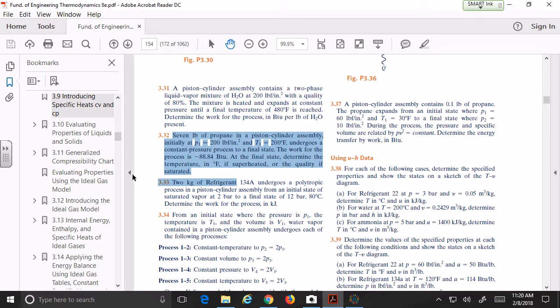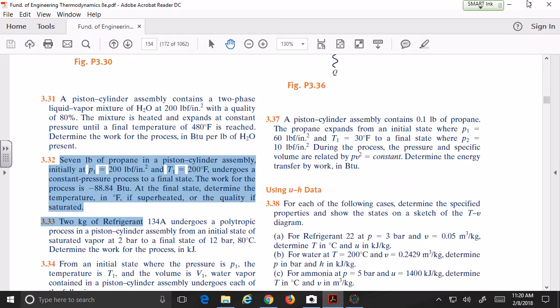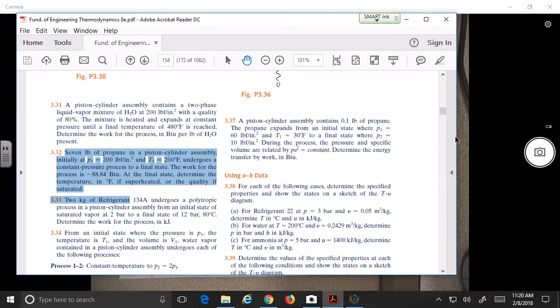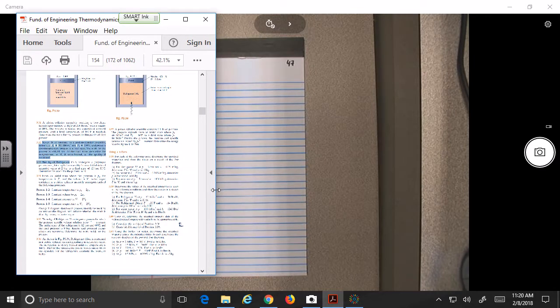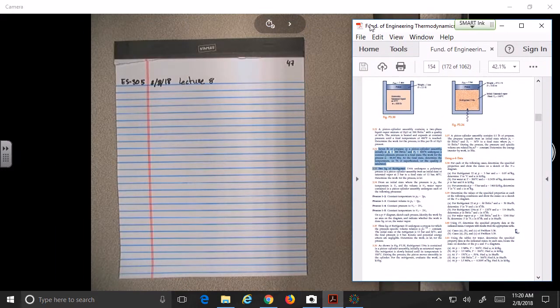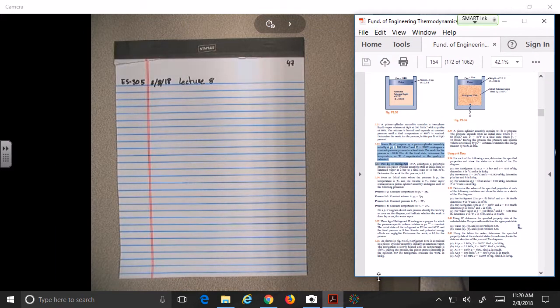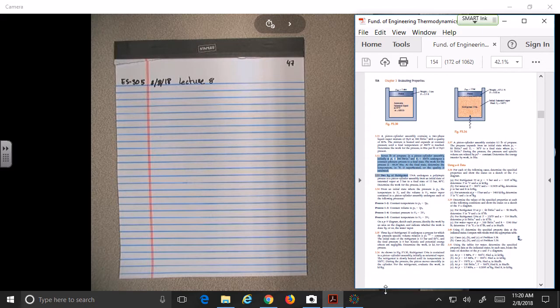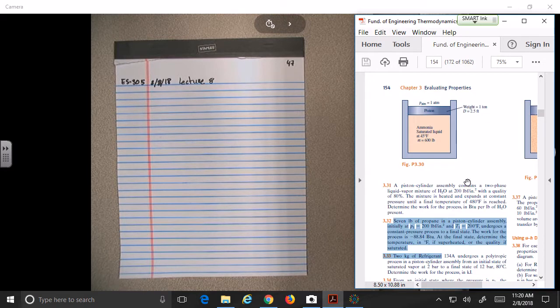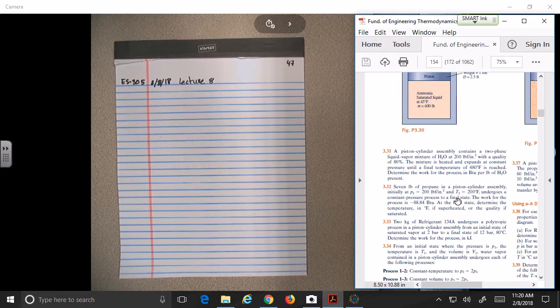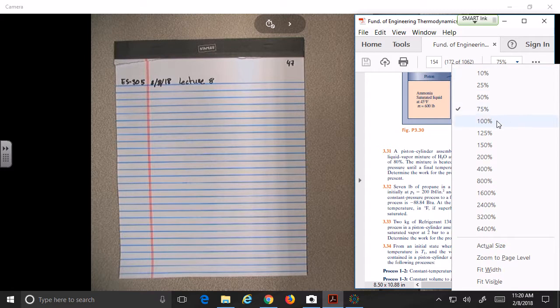Let's see if this would work. If I eliminate this side over here, maybe I can minimize this. That's not going to work. What I'm trying to do is to put the two things over here. And now I can maybe change the zoom level. Can you kind of read over here? I can go maybe 100.